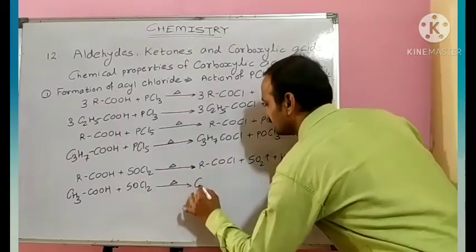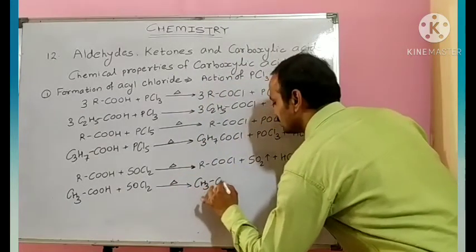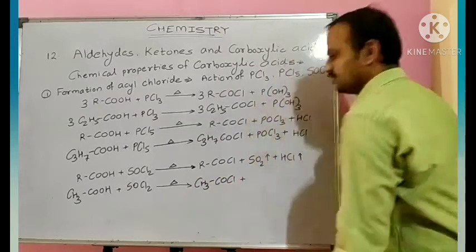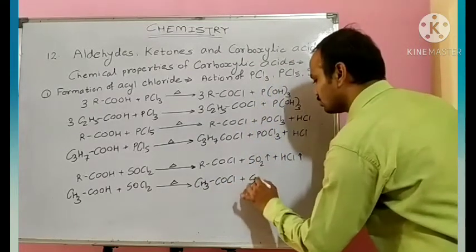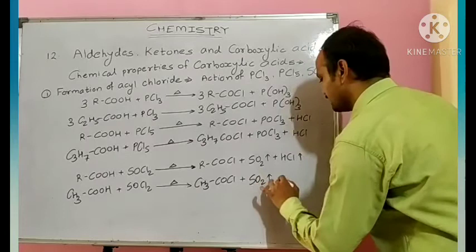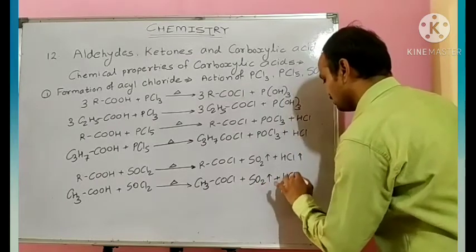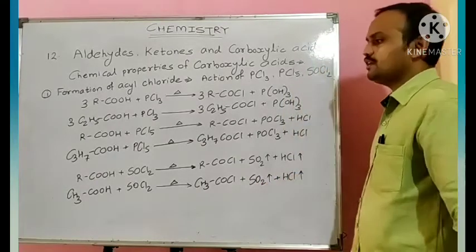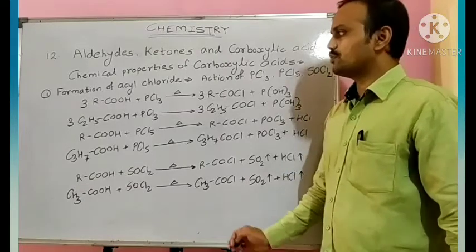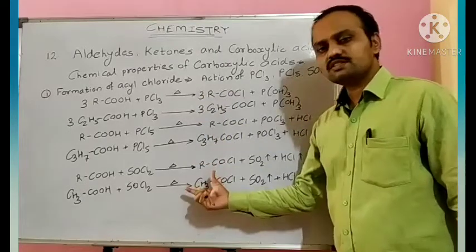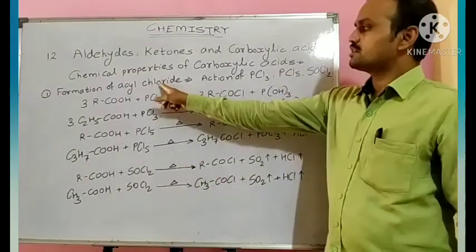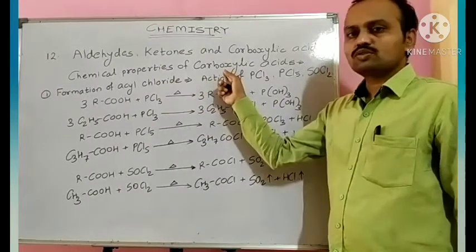We get CH3COCl plus SO2 in gaseous state plus HCl in gaseous state. Therefore, these are 3 methods which give us acyl chloride from carboxylic acid.